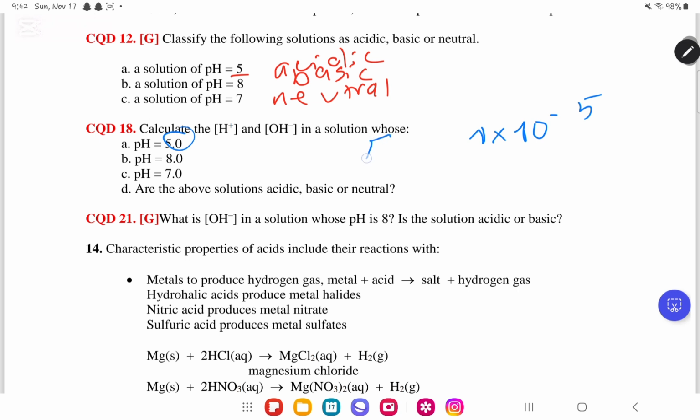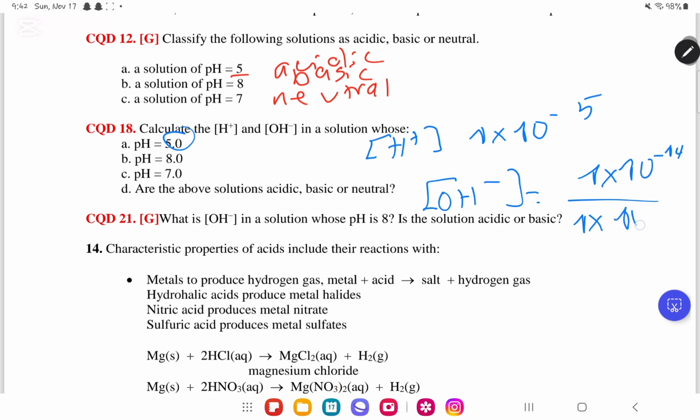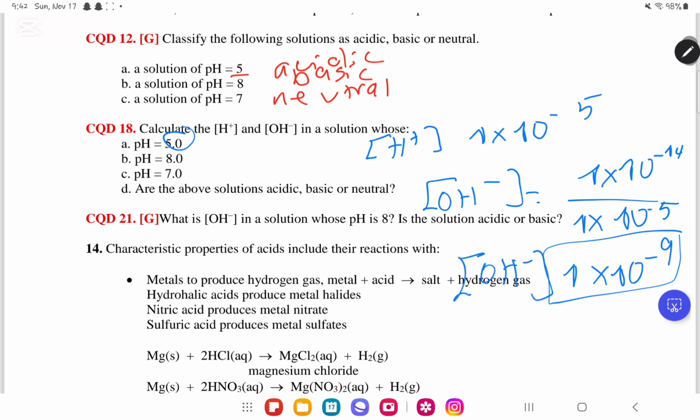So for the first one, the concentration of H plus is this. Now to find the concentration of OH minus, we're going to apply the rule. It is equal to 1 times 10 to the negative 14 divided by 1 times 10 to the negative 5. So it is then 1 times 10 to the negative 9. This is the concentration of OH minus.